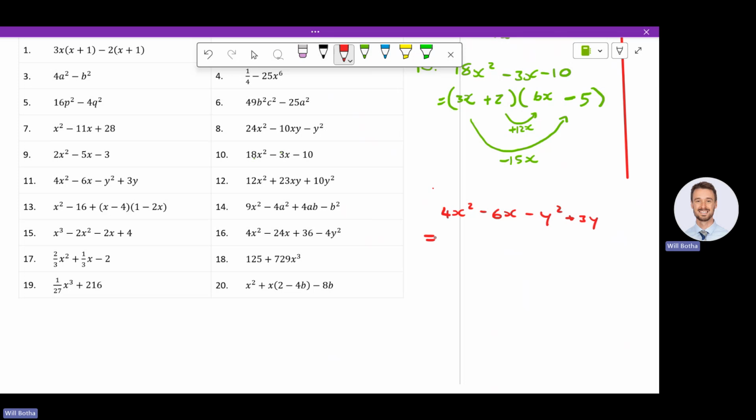With any four term like this, there are always two options that will work and one option that won't work. Let's try the obvious one. Let's try to group the first two terms. What common factor can I take out? The highest common factor. It's 2x can get factorized to be left with 2x minus 3.